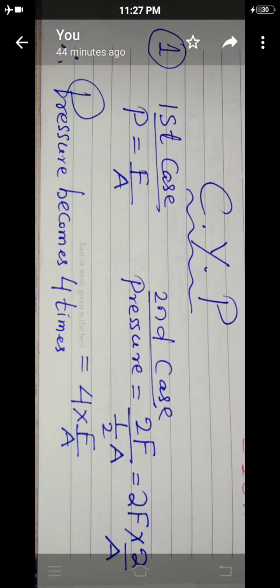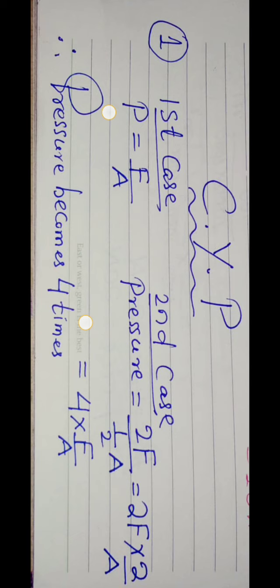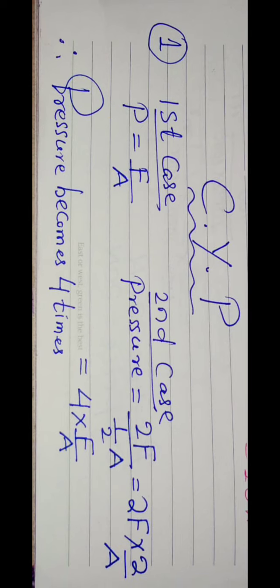In the second case, the magnitude of force is doubled, this means force is equal to 2F. And the area over which it acts is half, so area equals 1 by 2A.